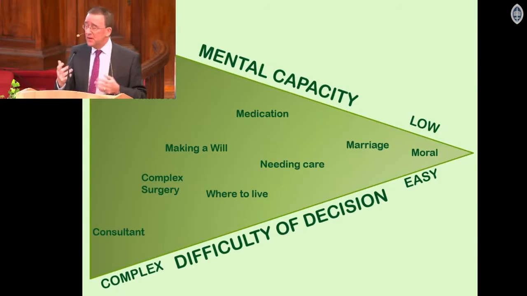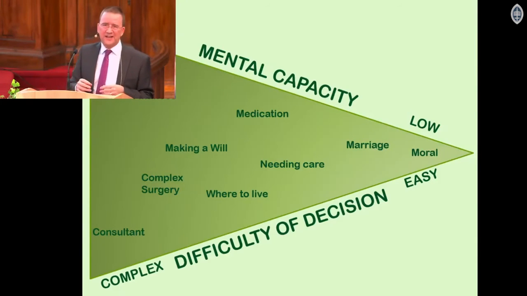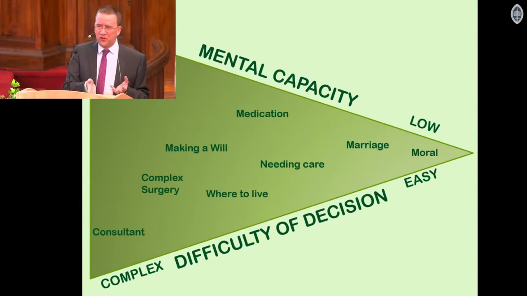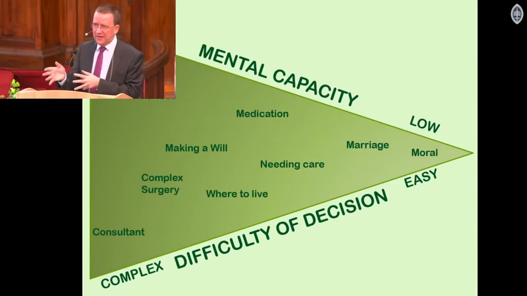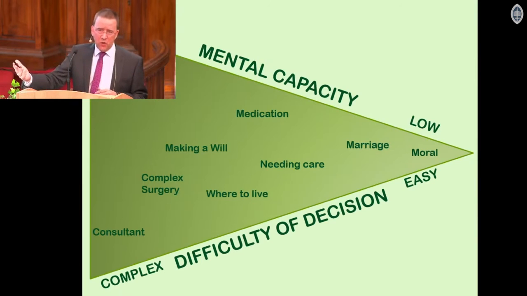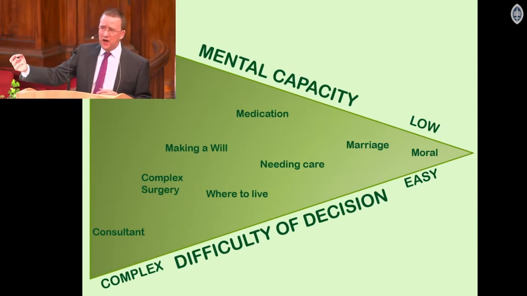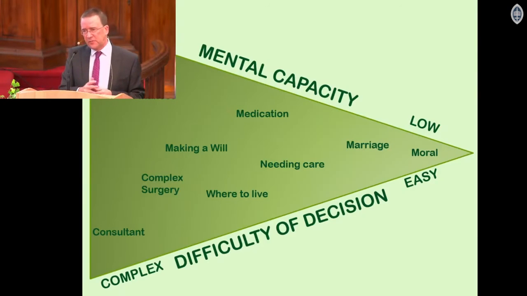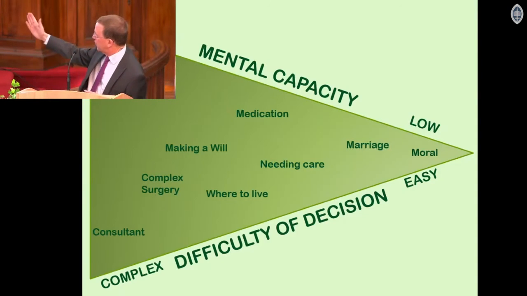But it's much more difficult to understand some kind of surgical procedure, because you've got to know a bit more about what it means, what exactly is a surgeon going to do to me in cutting me open and so on. So that's a more difficult decision to make than taking a drug. So in terms of dementia, understanding where you want to live, who you want to look after you is an easier decision than these medical decisions about treatment. So it's sort of trending towards this end.